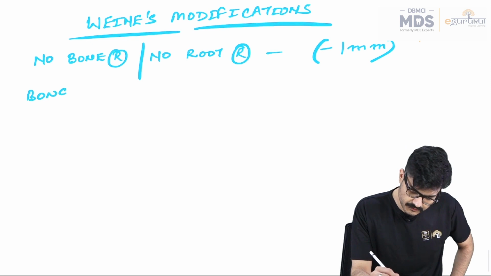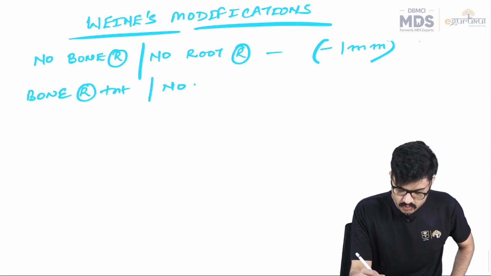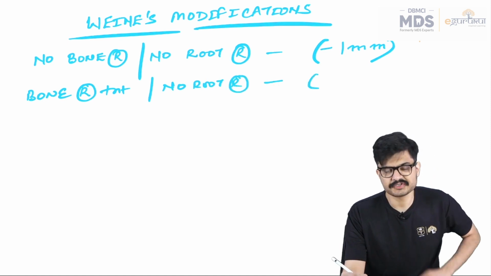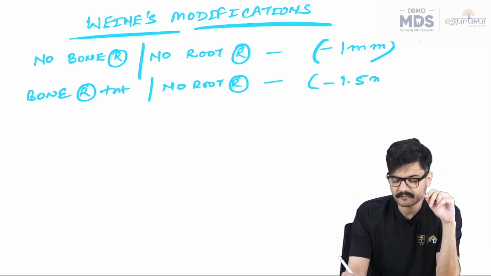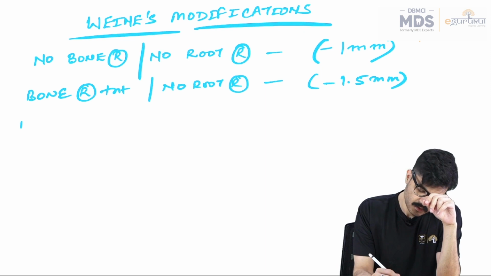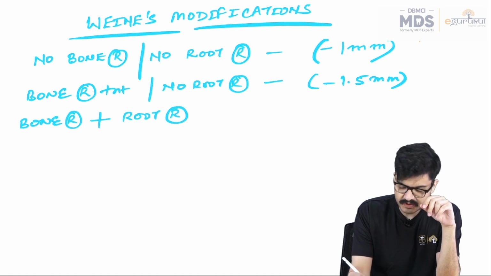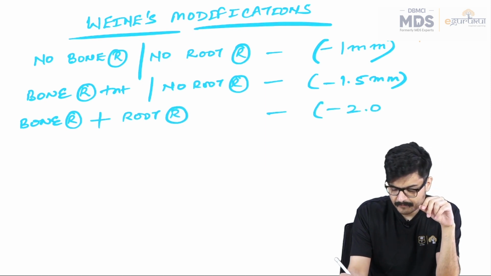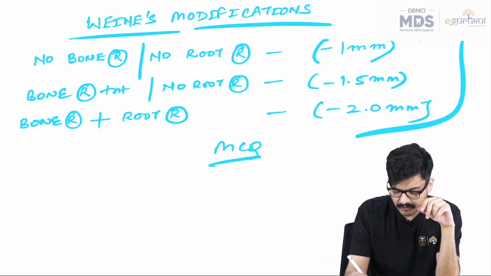Bone resorption present but no root resorption, then reach your working length by reducing the total length by 1.5 millimeter. Bone resorption is also there, plus root resorption is also there, reduce by 2 millimeter. Each and every point is an important MCQ.